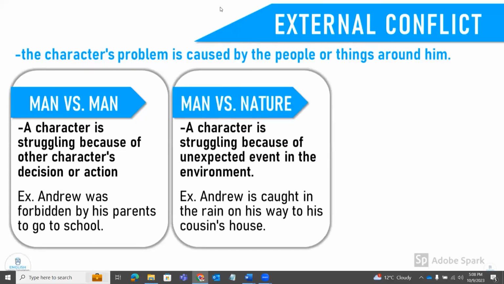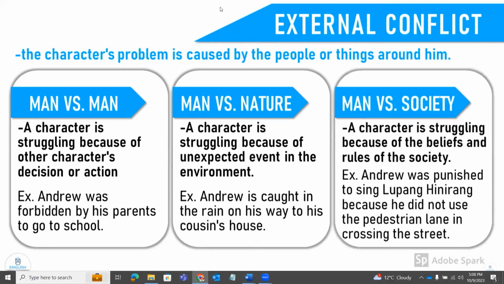It happens when a character is struggling because of an unexpected event in the environment. Example, Andrew is caught in the rain on his way to his cousin's house. The last is man versus society. It happens when a character is struggling because of the beliefs and rules of the society. Example, Andrew was punished to sing Lupang Hinirang because he did not use the pedestrian lane in crossing the street.